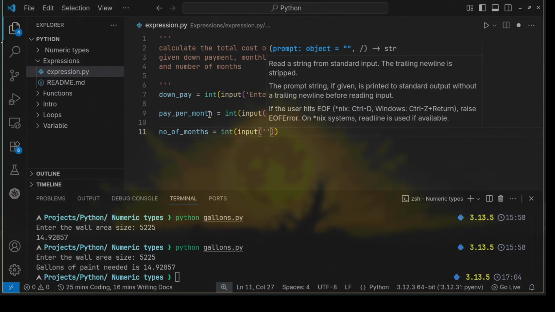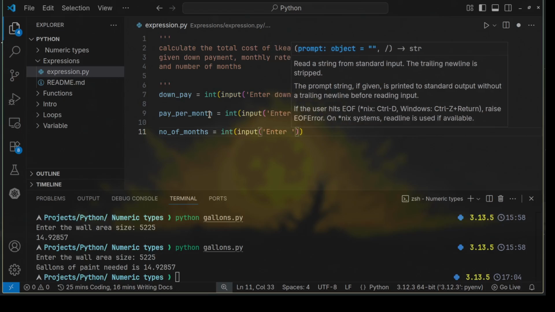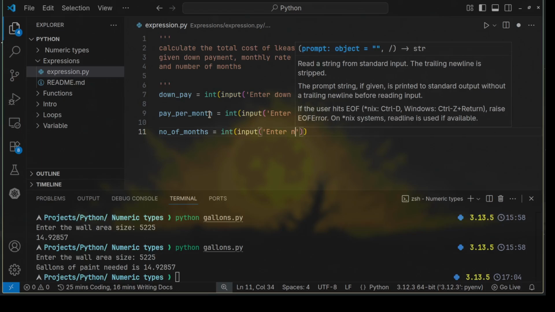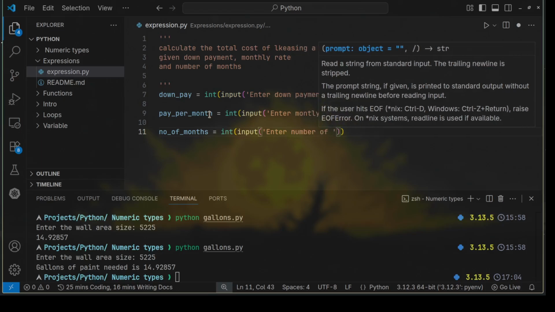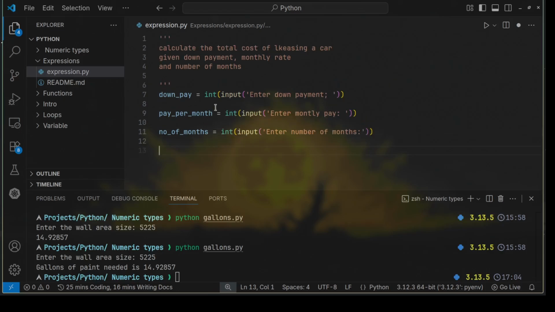With just more practice you get to understand, you get to master it. Enter number of months. So with these three, we'll be able to get the down payment, the pay per month, and the number of months.